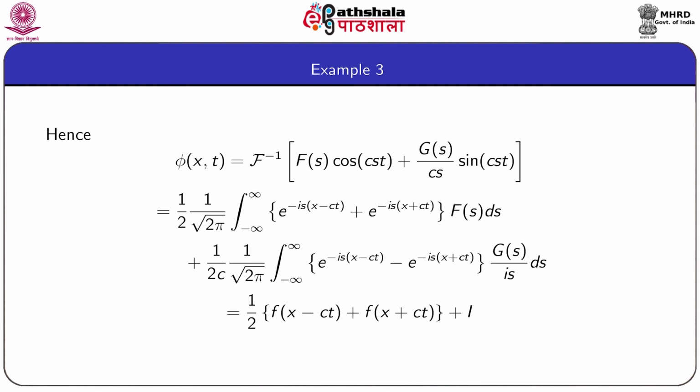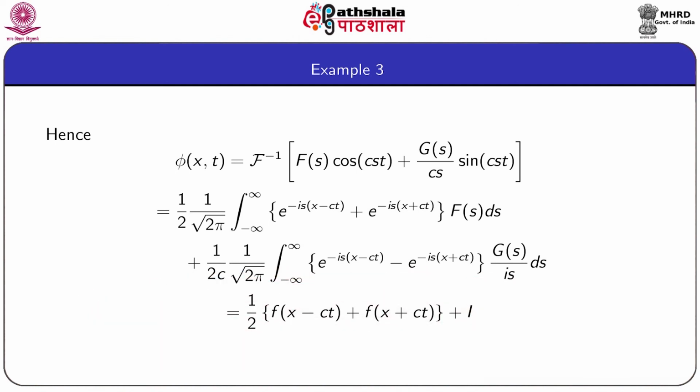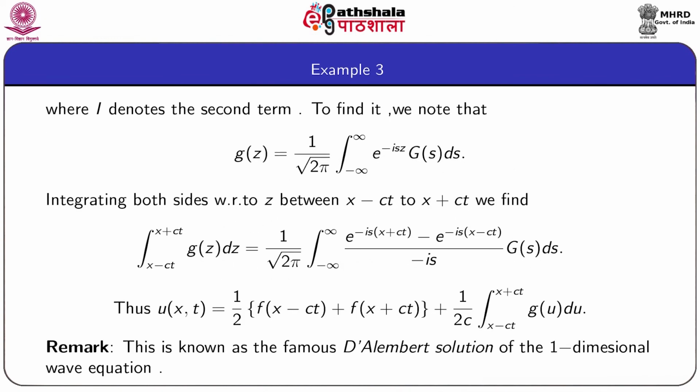So, this first integral can be written as half of f(x minus ct) plus f(x plus ct) by using the Fourier inversion, and the second integral we denote by capital I. If we can find out capital I, then the solution of the given partial differential equation, that is small phi, is completely known. Now we have to find out the second term, that is capital I.